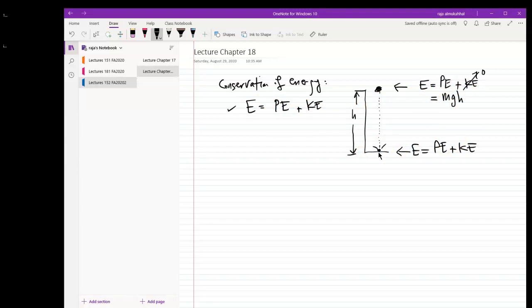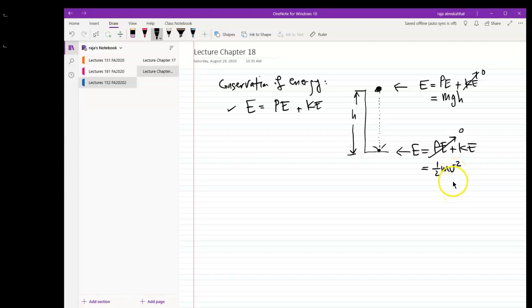The height is almost zero. So we can say for all practical purposes that the potential here is zero because the height is almost zero. You see what I'm saying? So the only surviving term on the energy is all of it is 1/2 mv squared. In other words, when I was holding the object here, the only available energy to the object was the potential, mgh, and then all this mgh has been converted into 1/2 mv squared. You see what I'm saying?